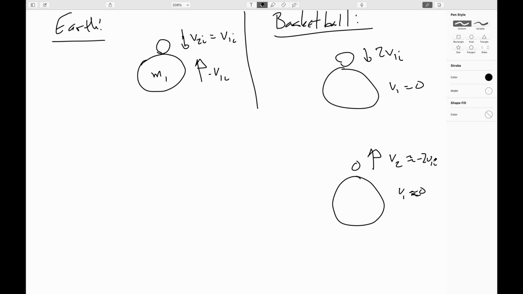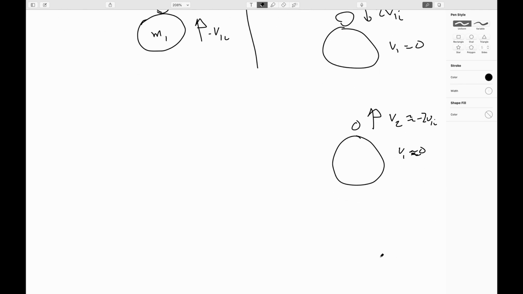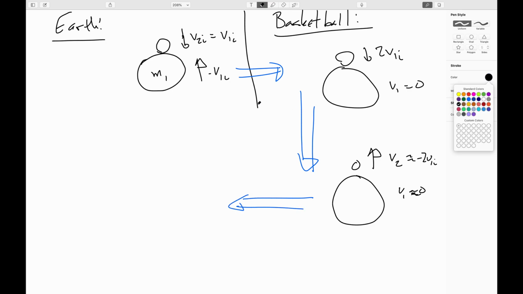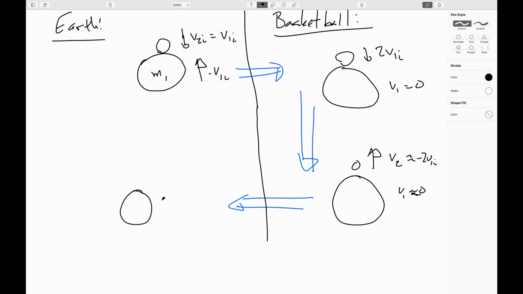Okay, so now with that, we can shift perspective one more time. First, we shifted perspective going from Earth to basketball so we could think about the collision in the frame of the basketball. And now we're going to shift back to the perspective of an observer on the Earth. So the observer on the Earth is saying, hey, this is going up at minus v1 initial, right?